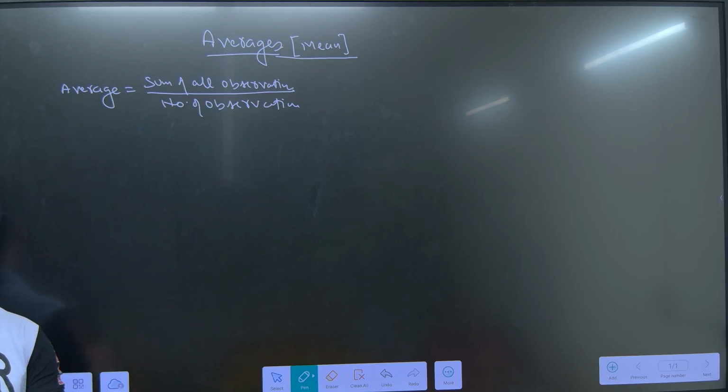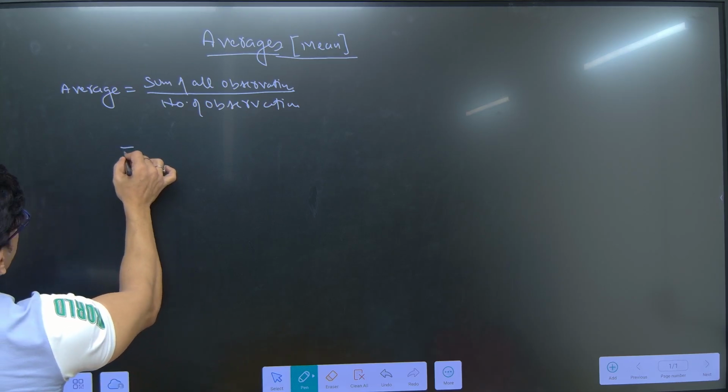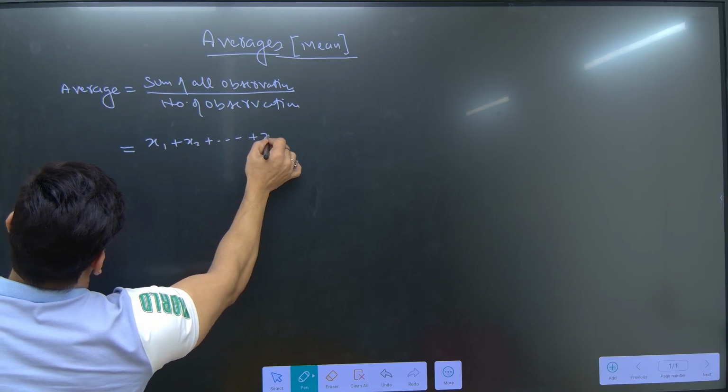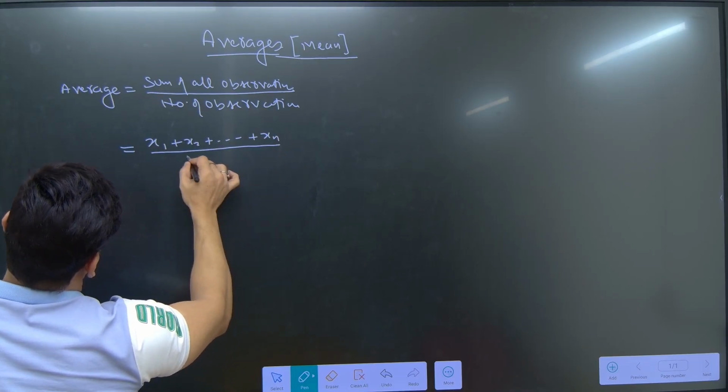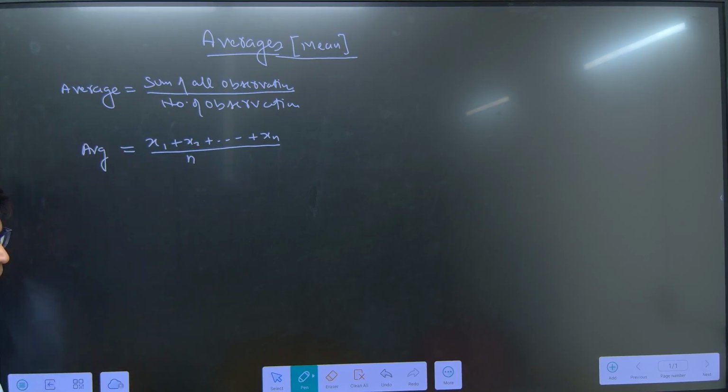That means whatever observations you have, you simply add them and divide by the number of observations. Example, if you have x1 plus x2 plus up to xn divided by the number of observations, this gives you an average, right?